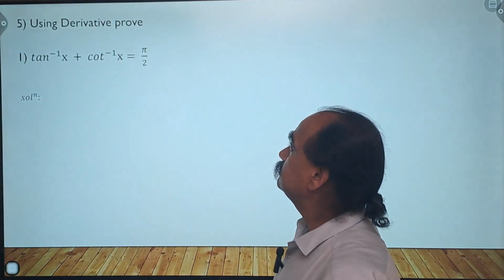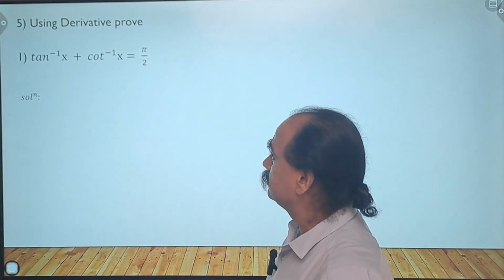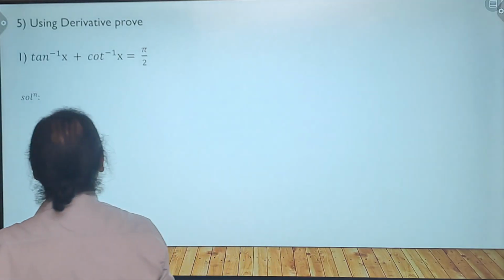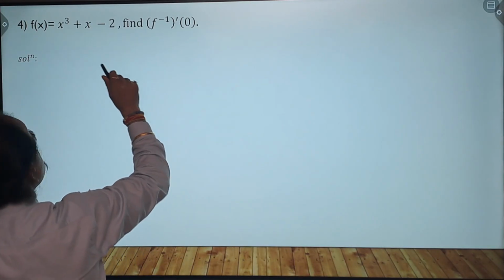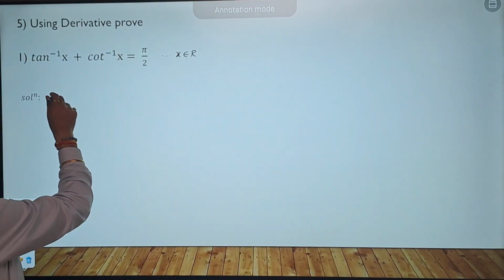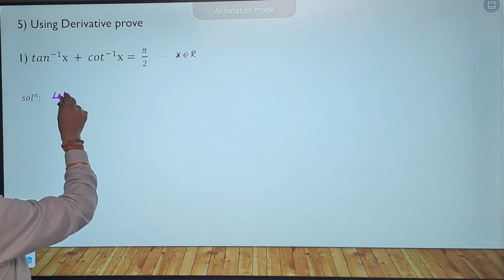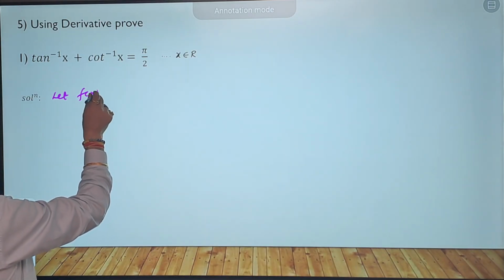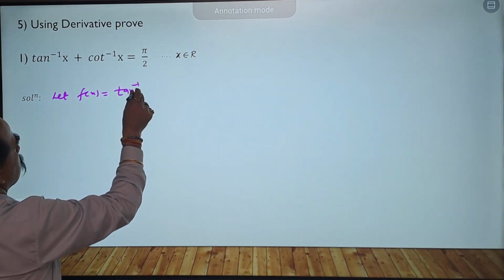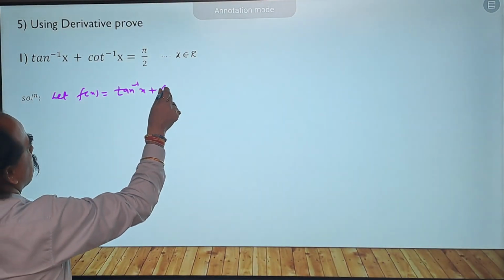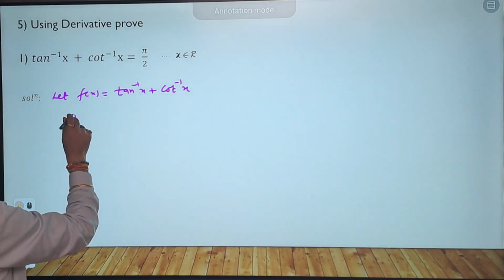Using derivative, prove that tan inverse x plus cot inverse x is pi by 2, x belongs to real number. Let f x is tan inverse x plus cot inverse x.